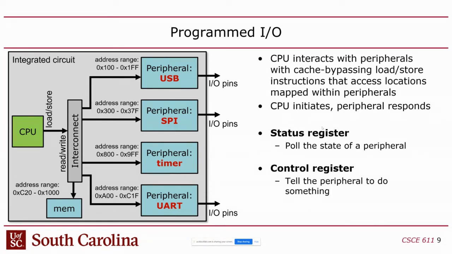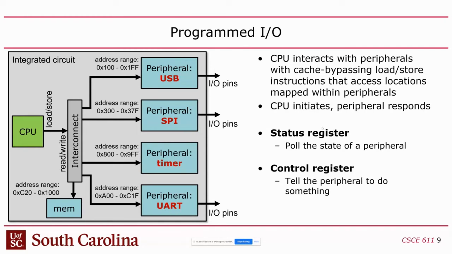In a typical system, each peripheral, and when I say peripheral, I mean a hardware module outside the CPU. Most peripherals do I/O. They're designed for communication outside the CPU, like disk controllers, network interfaces, and the USB interface.